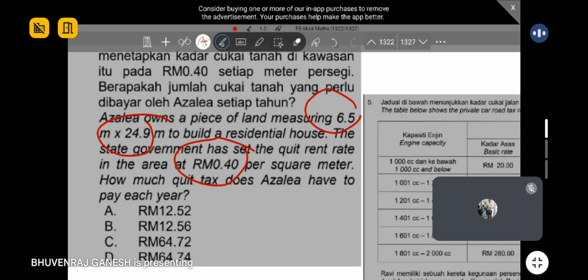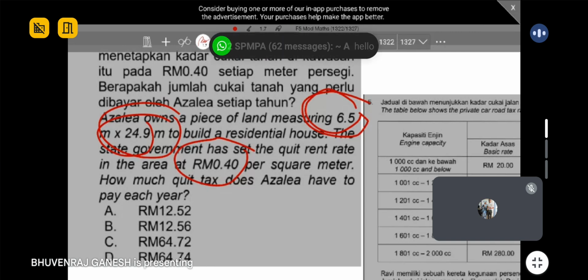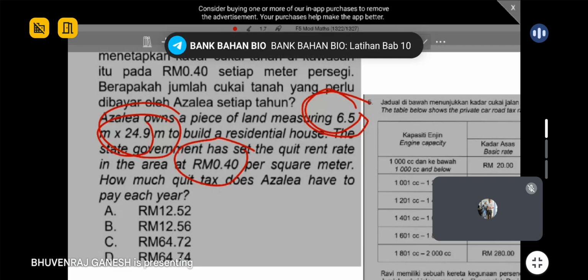Because the rate RM 0.40 is for 1 meter square. So now you have this area 6.5 times 24.9. Then tell the answer. Don't be afraid. Wrong doesn't matter. You just put your answer. Okay, so you should get the answer is D. Okay, jawapan is D. Understand, guys?